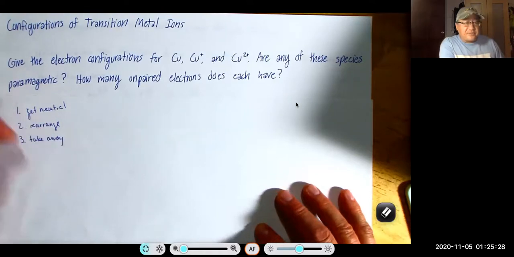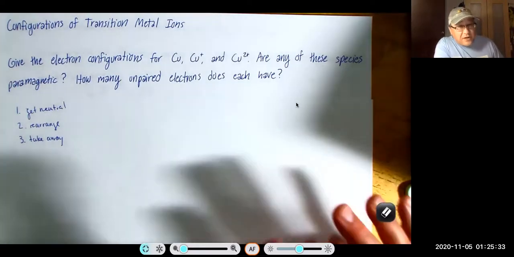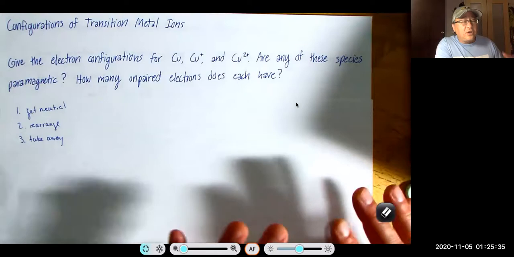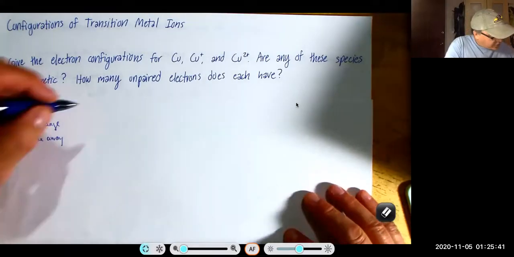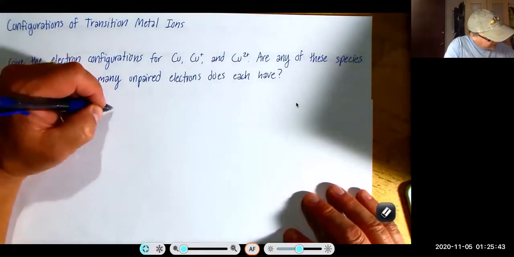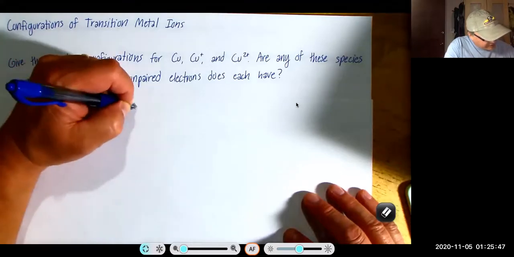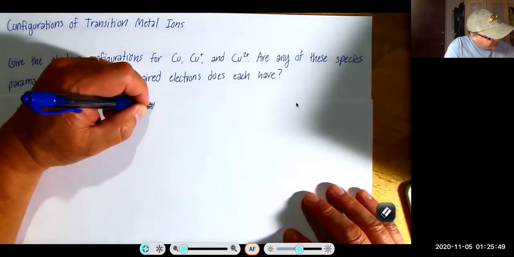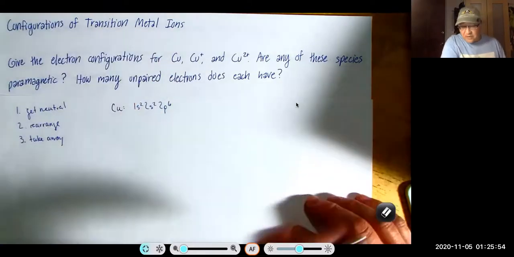Now we're going to do this based on not knowing that copper's weird. So we're going to look at what copper would be using the periodic table and not knowing that it's weird. So for copper, this is number 1, get the neutral. You have 1s2, 2s2, 2p6, and you should pause here if you haven't done it already.